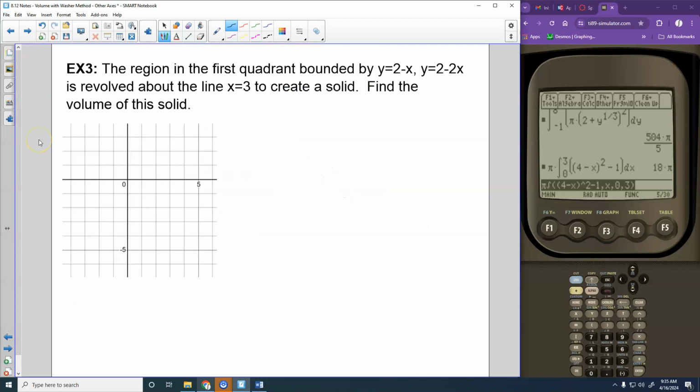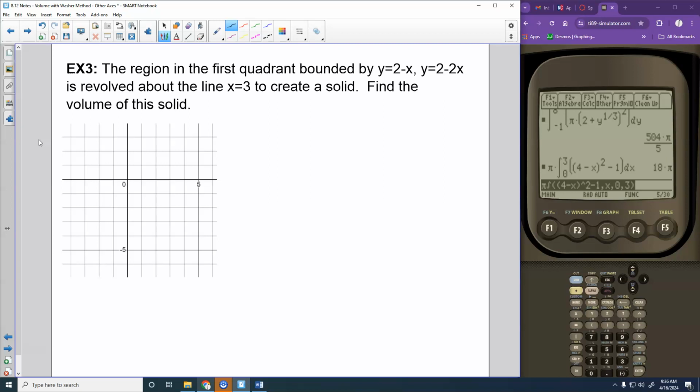All right, here's another one. This one's going to be vertical. Okay, so example 3 is the region in the first quadrant bounded by y equals 2 minus x, y equals 2 minus 2x, and it's revolved around the line x equals 3.